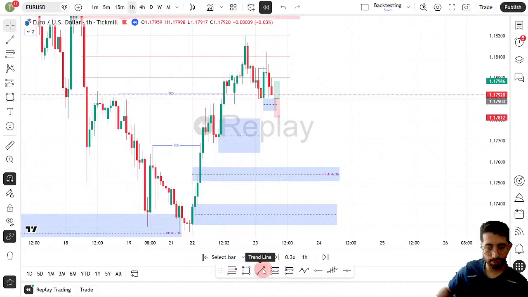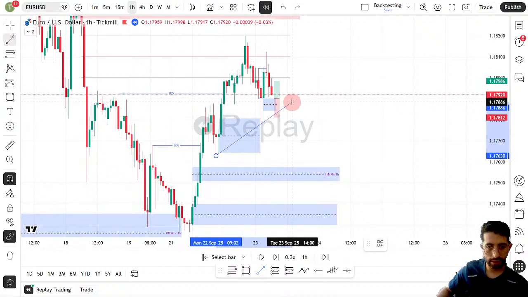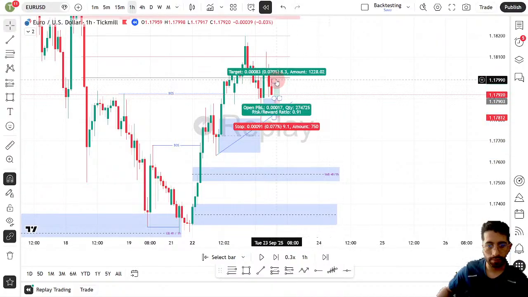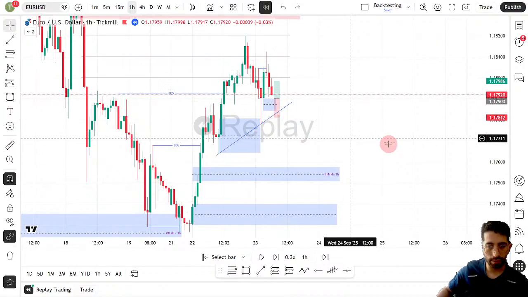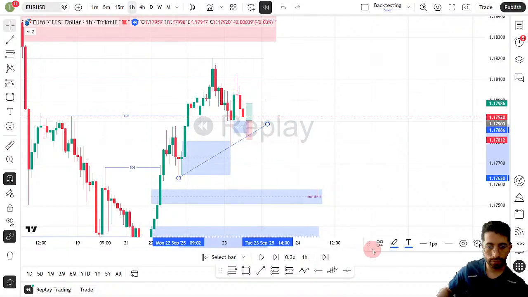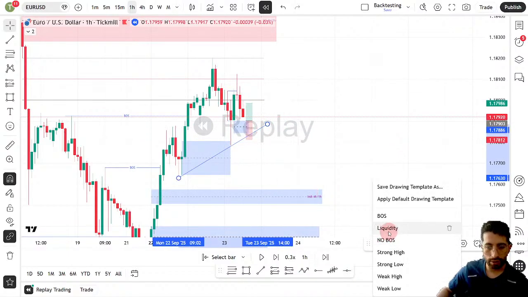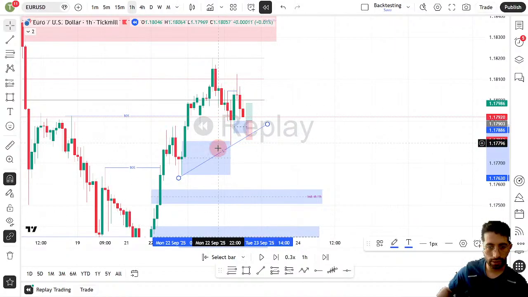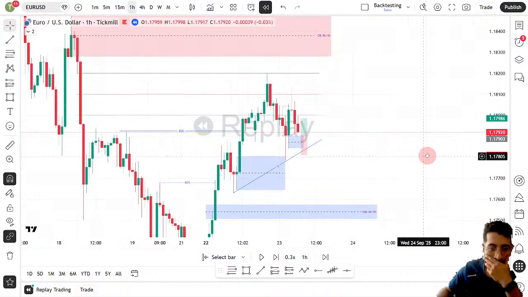That has provided us a confirmation, but we need to be aware that the price may enter and take the liquidity of this 1 hour. This is liquidity in 1 hour. This is liquidity in 1 hour. So you can go to this, take all the liquidity, and then react here.